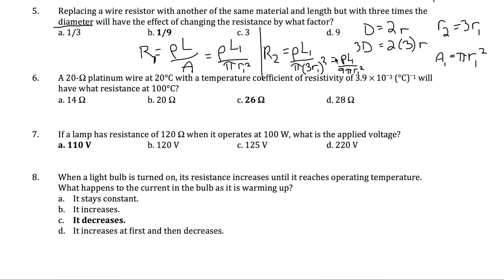So we have a factor of 1/9 in front of rho L1 over pi R1 squared, in front of our original resistance. So you could rewrite this as 1/9 times R1. So the factor is 1/9.